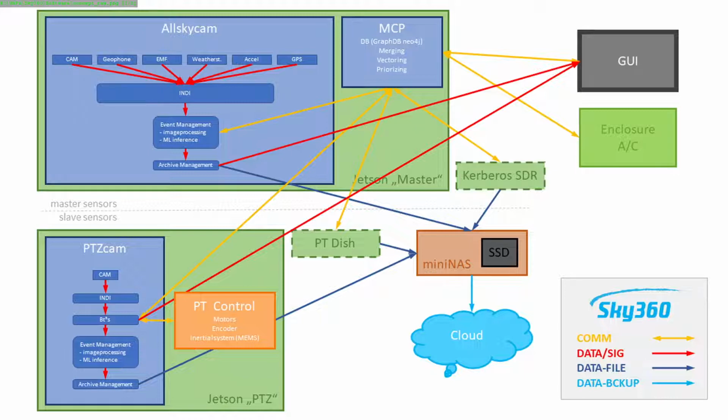Okay. The GUI and the enclosure air conditioning. Since we do not want to have a local GUI where people may alter things, we will provide a two-phase GUI. One GUI is just for watching.